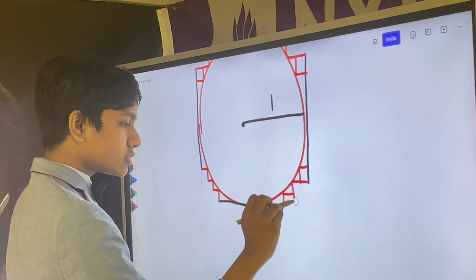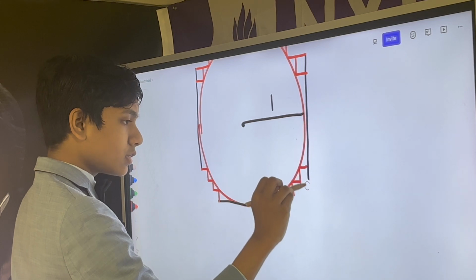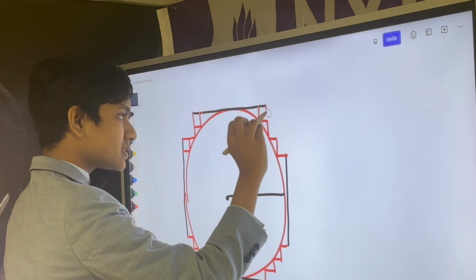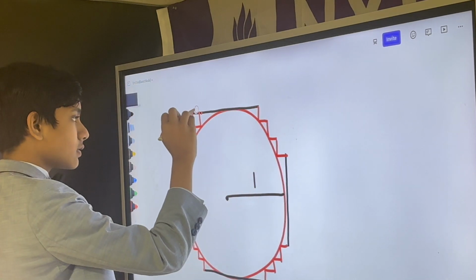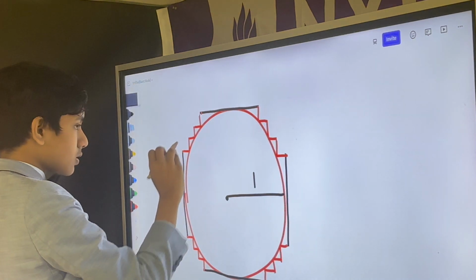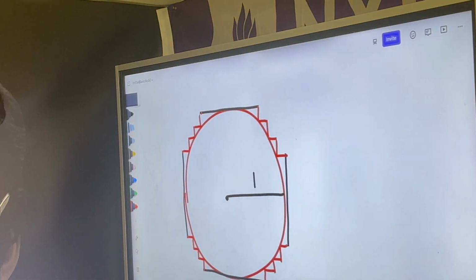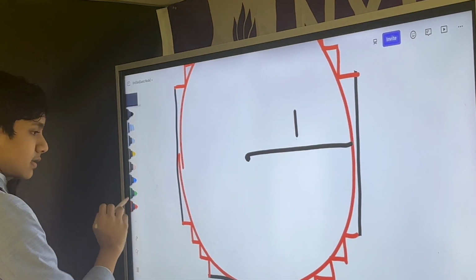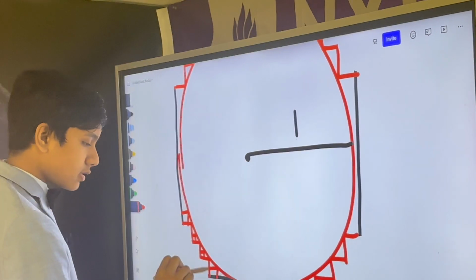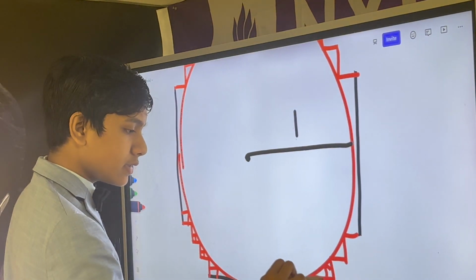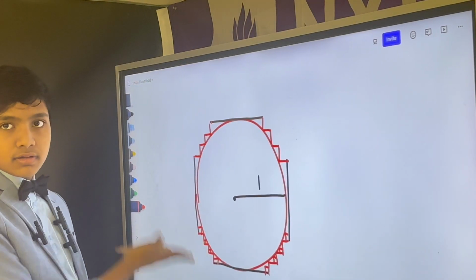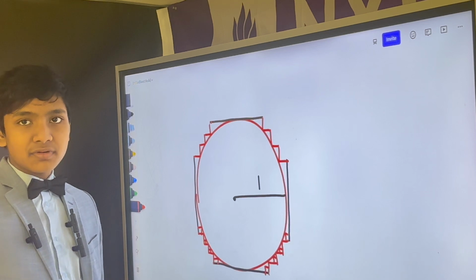And it starts to look more and more like a circle, but the perimeter has not changed. Then you repeat the process again. You fold here, here, here, and here. And as you can see, the shape is starting to approach a circle, but the perimeter has not changed.